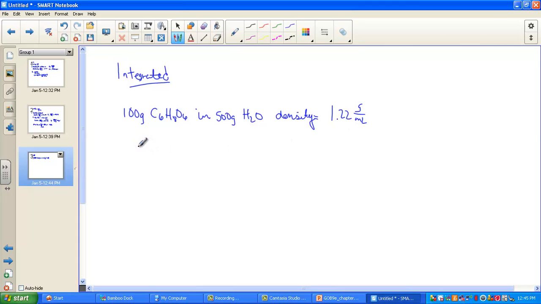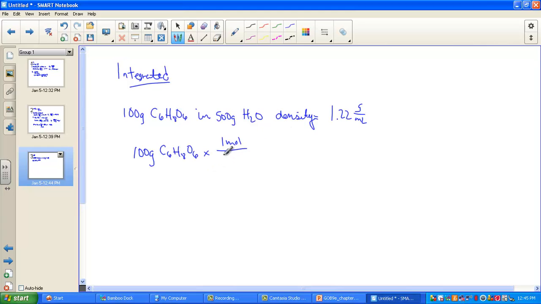Well, for either one of those, we're going to need to turn our grams of solute into moles of solute. So that'd be a good first step for both parts. 100 grams of C6H8O6 converted to moles will need its molar mass. Let me add that with you. 12 times 6 from the carbon, plus 8 on the hydrogen, plus 16 times 6 on the oxygen.